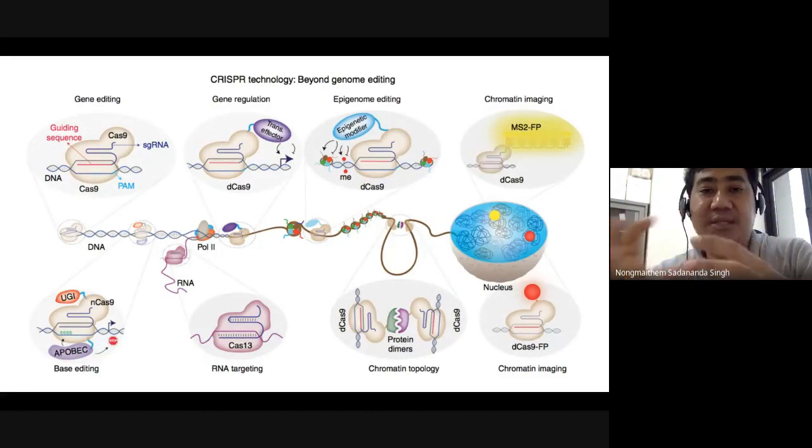So what that means is that you can introduce certain things. If you tag the Cas9 with a fluorescent protein, for example GFP, you can see the particular genomic locus by using this dCas9. Or you can introduce transcriptional activators, so wherever this dCas9 is sitting, you can enhance the transcription from this site.